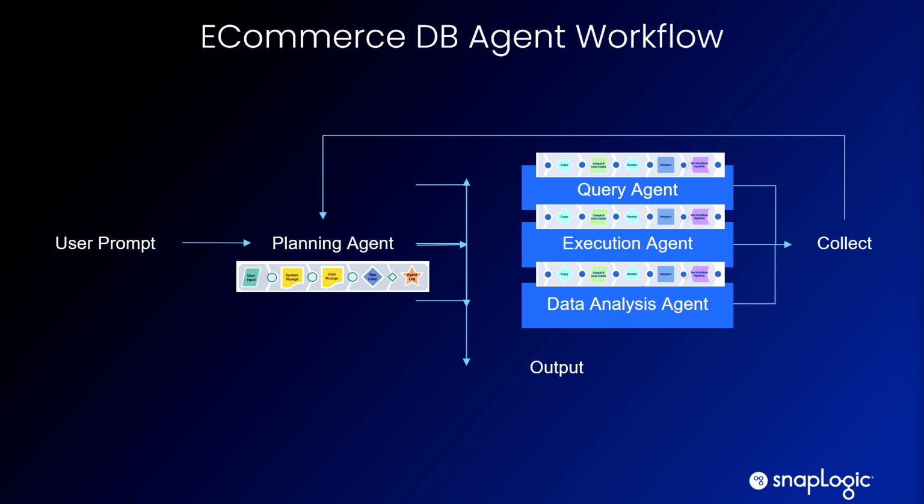And we're going to start with a user prompt. Could be anything, it's just natural language. Send that through a planning agent, and that planning agent's going to have access to a query agent, which is going to generate queries, an execution agent, which can make updates, and an analysis agent, which can analyze more complex requests.